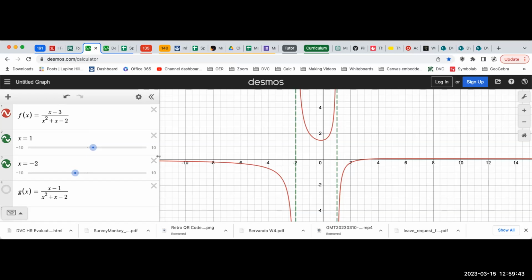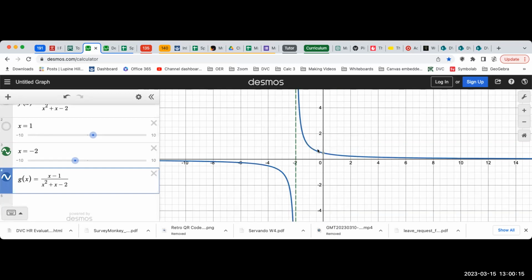Do you think the same thing will happen with the second graph? Let's see. If I do the second graph, I only have a vertical asymptote at -2, and at 1, it seems to be okay. But here's where your knowledge beats the computer. It only has one vertical asymptote.